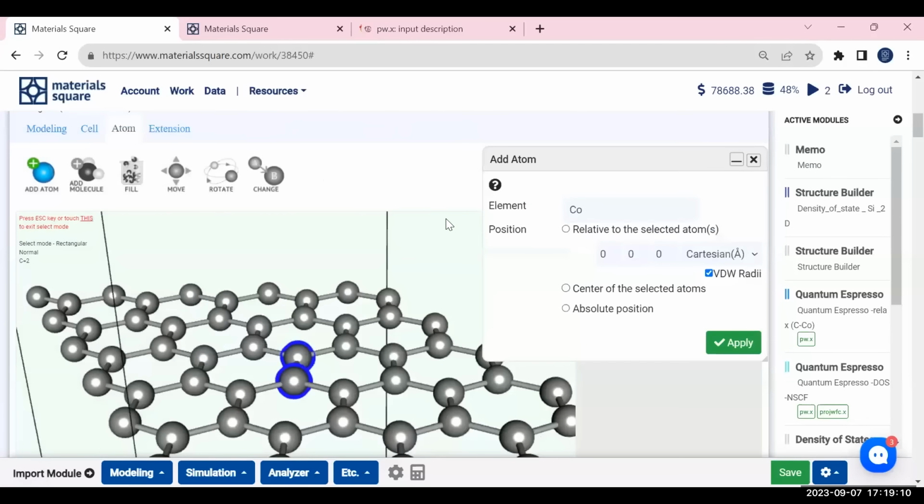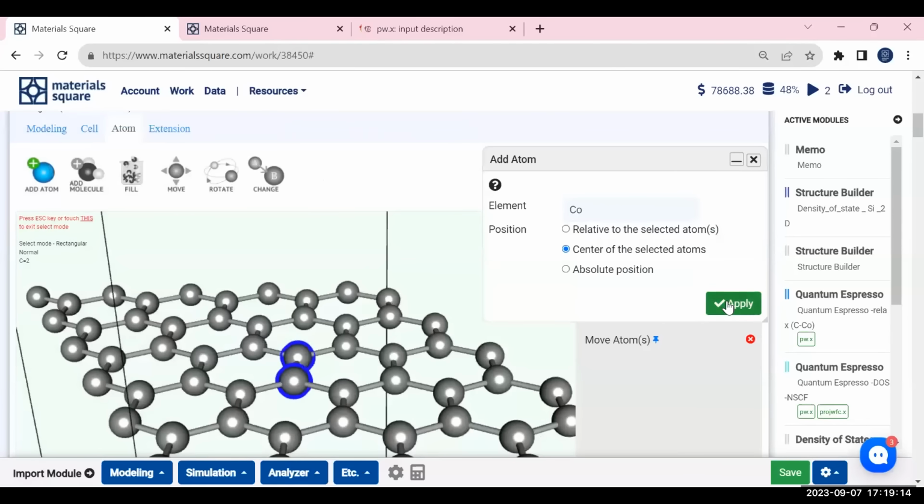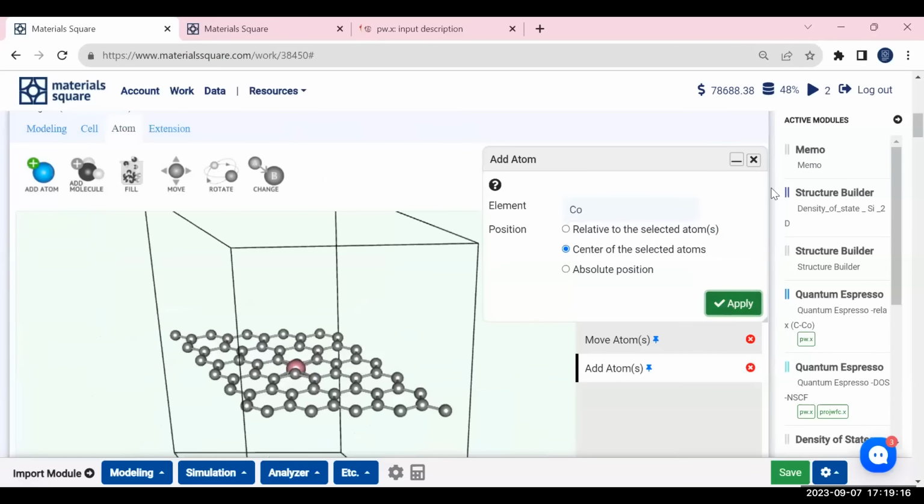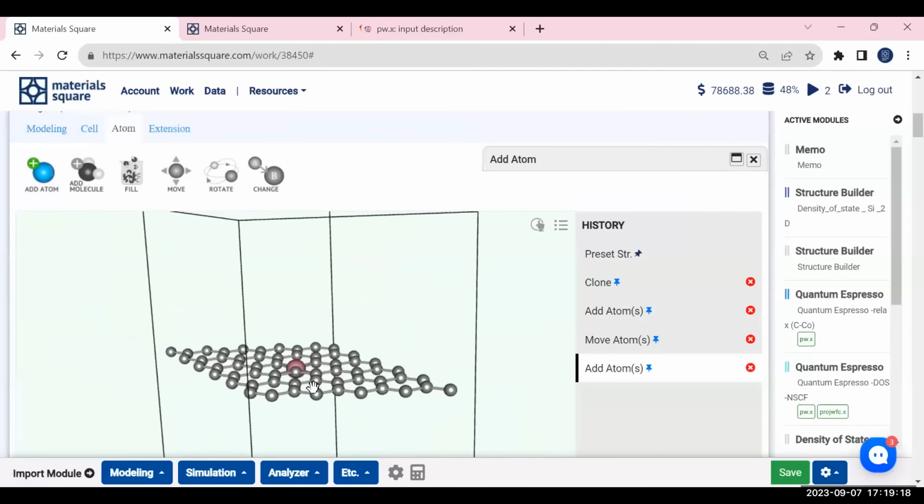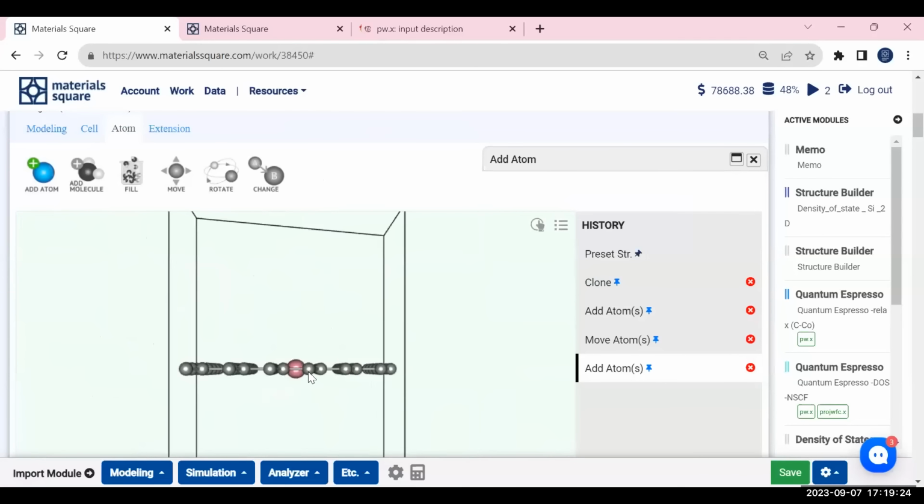I will add copper, okay? So center of the selected atoms applied. Now we have selected the single atom. Again, you can use C or A, select. I will select this one, okay, and just bring it up this way.